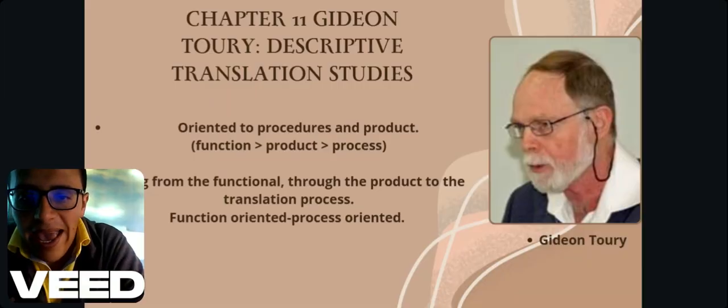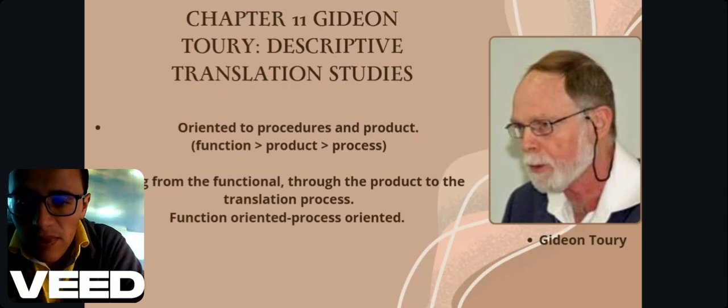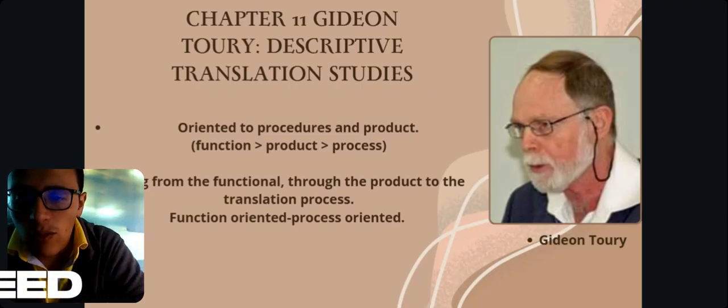He chose the following chart: function, product, and process. I am going to explain this method. The most important thing is that the method starts with the function, goes through the product, and ends in the translation process.